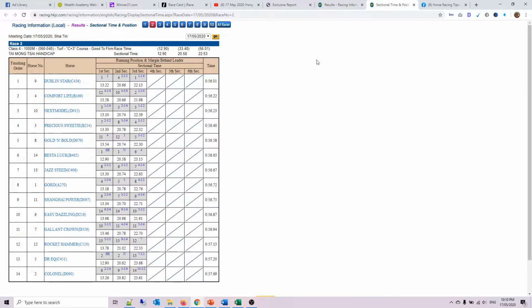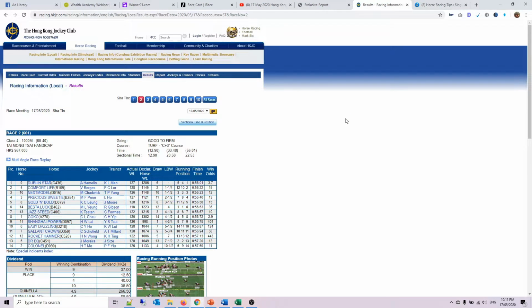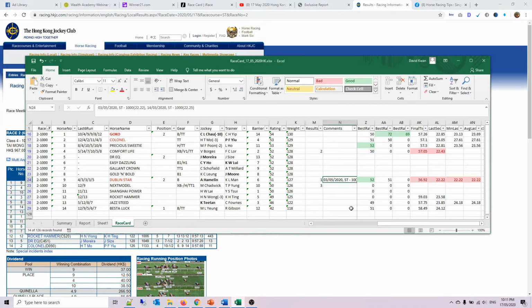I also make my own judgment and own notes on how it can be better, and compare how the sectional timing spread across the whole day, rather than just these specific races. So this is how I created the indices here.